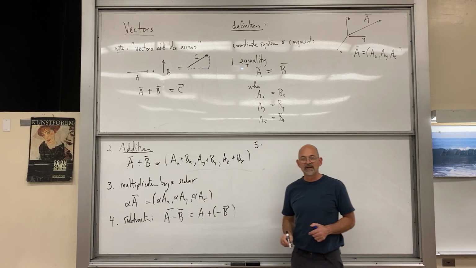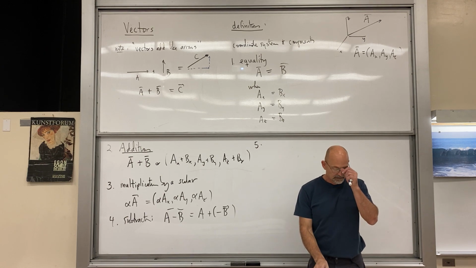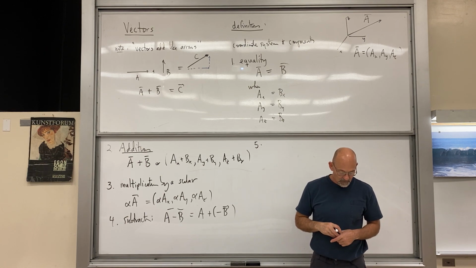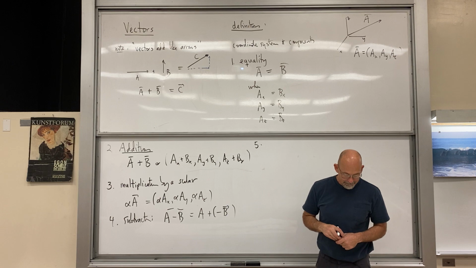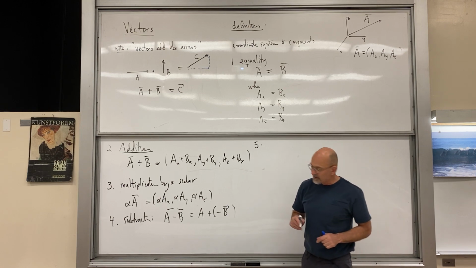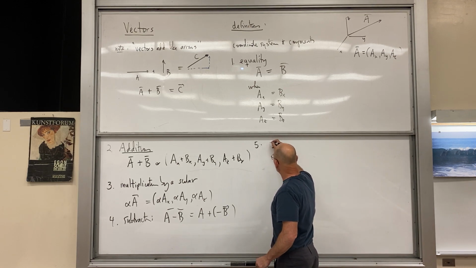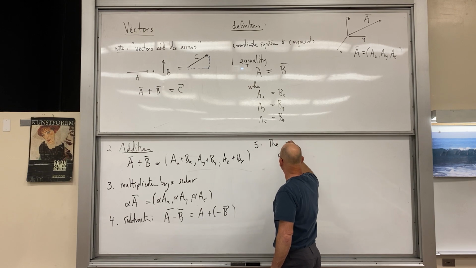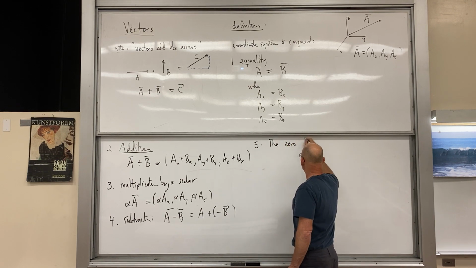Then we have commutativity, associativity. I see here in my notes I have the null vector, the 0.